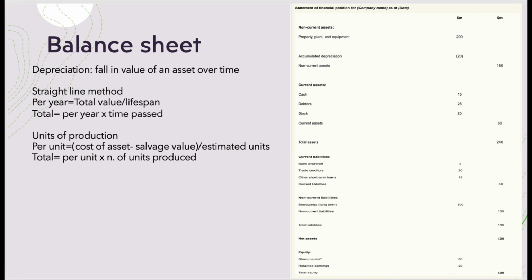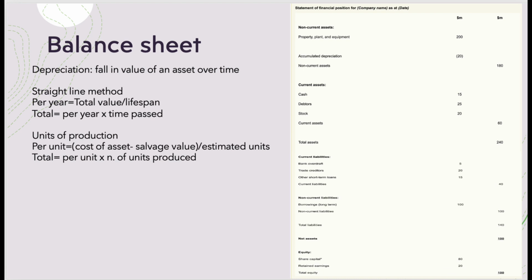Whereas the second method is units of production. So let's say machinery or things like that, they might lose value per unit that they produce. So for example, to calculate this, you do the cost of asset minus the salvage value that you'd get once the machine is basically broken down, and then you divide that by the estimated units that can be produced by the machine itself.